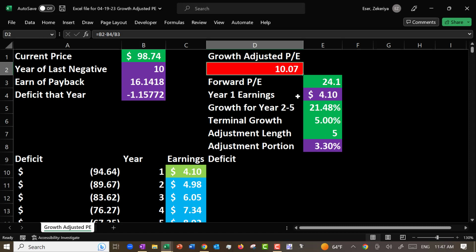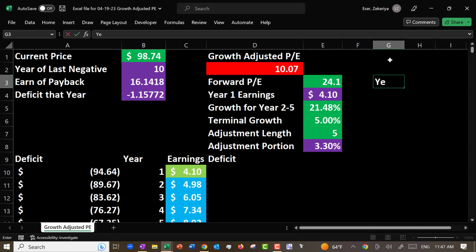Given that most of the action is going to be on years 2 to 5, let's actually do this. Year 1 growth.